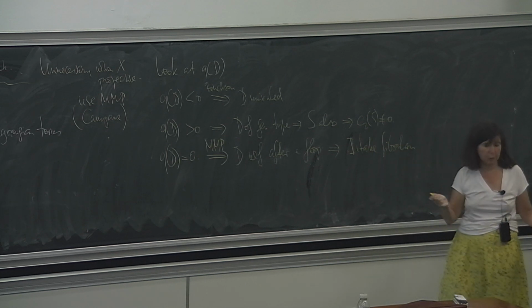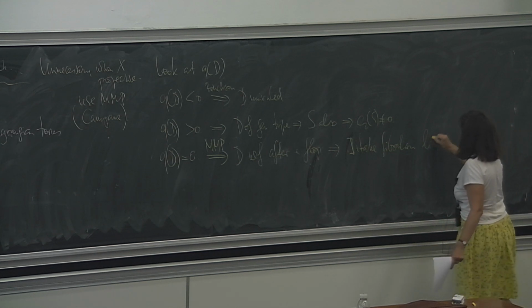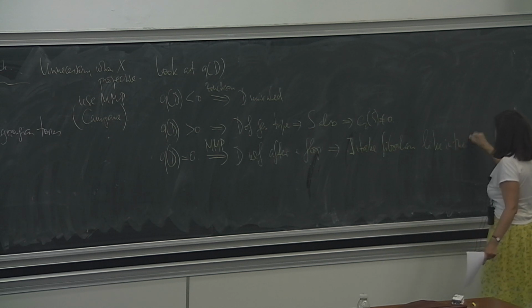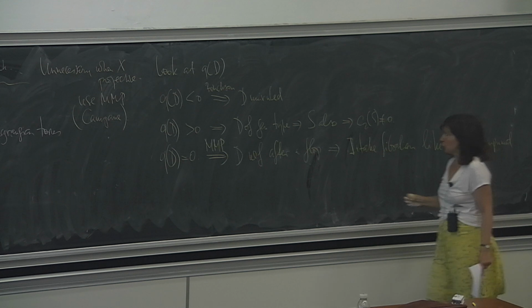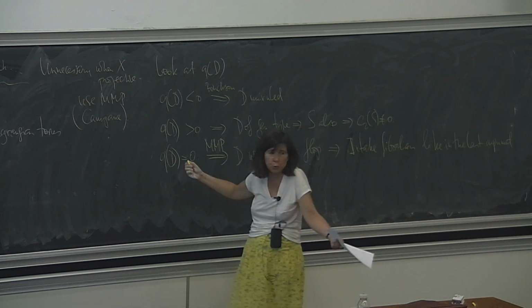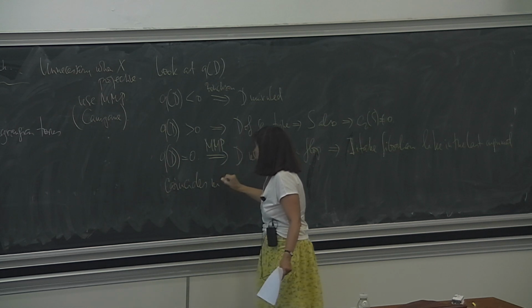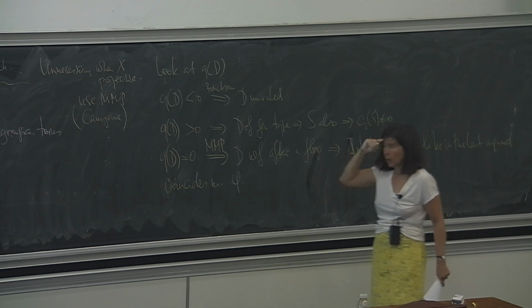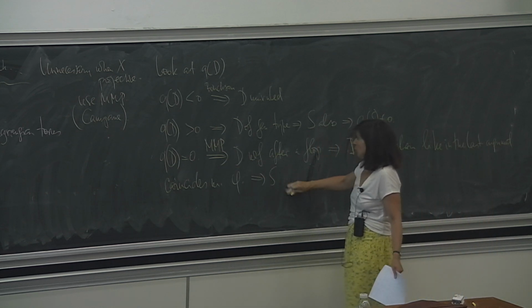Like in the argument I was sketching you before, like in the last argument. So the fibration, well, in fact, this should coincide with phi. And so we conclude that S is a torus.